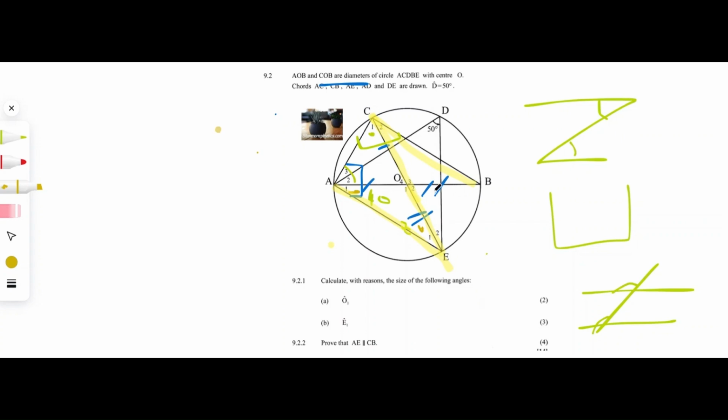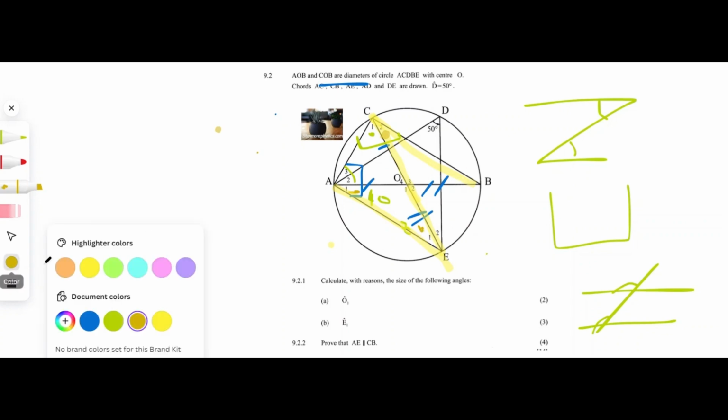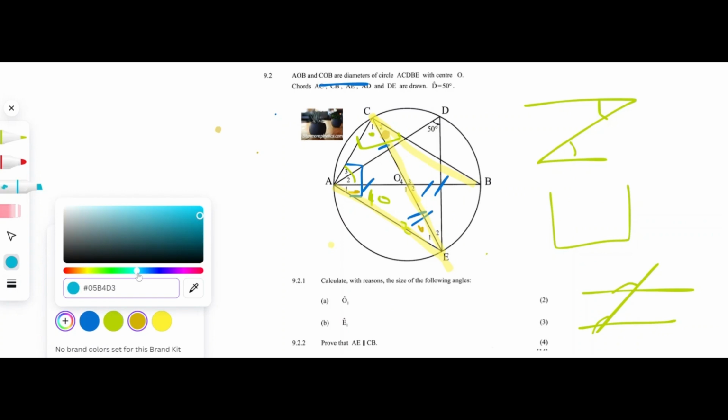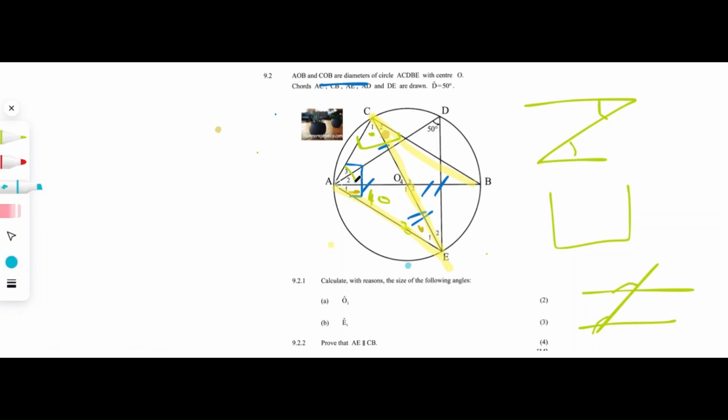And by the way, it is very important to go back and identify this, because they did not give us that information in the question. So A1 equals C2, and E1 equals B because of angles in the same segment. Okay, we can clearly see that there's a bow tie shape, and A, E, B, C is a cyclic quad. So E1 will equal B as well.